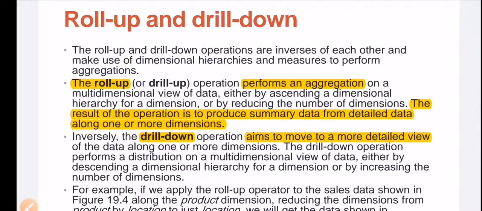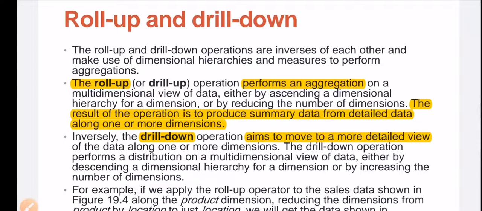Okay. Roll up performs an aggregation. The result of the operation is to produce summary data from detailed data along one or more dimensions. Drill down aims to move to a more detailed view.